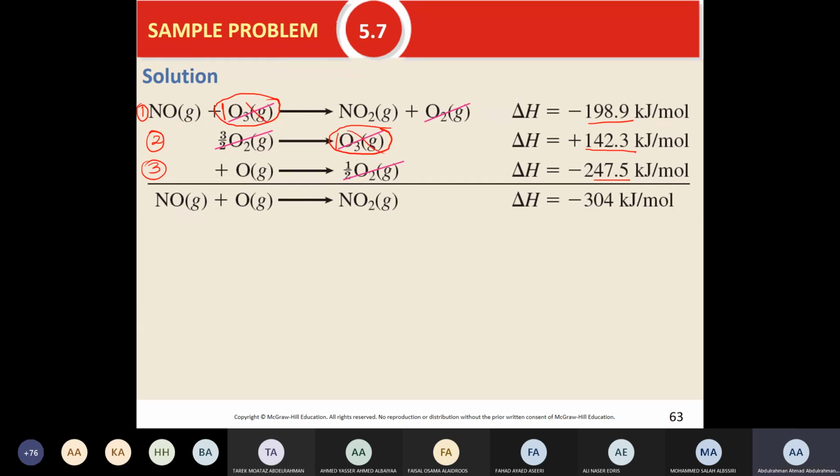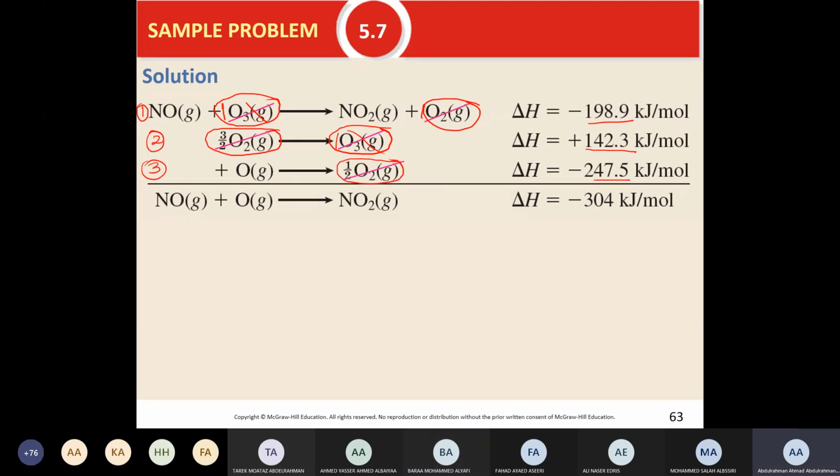Okay, look at NO, it is kept as is. Look at O2. In reactant, you have 3/2 O2. What do you have in product? O2 and half O2. This is 1, and this is what?